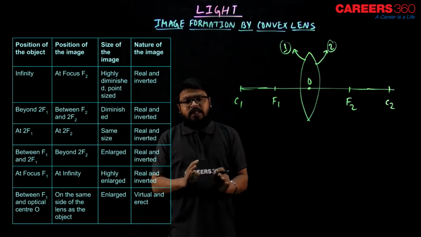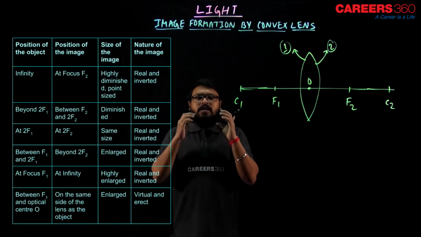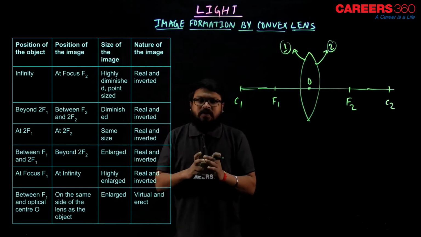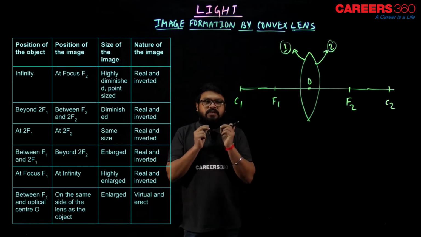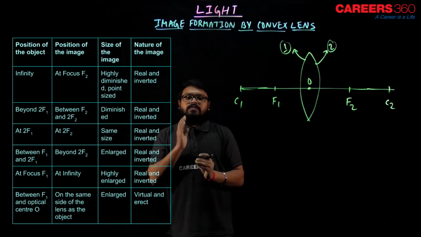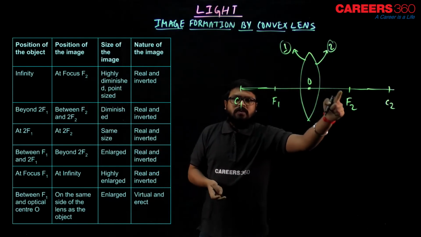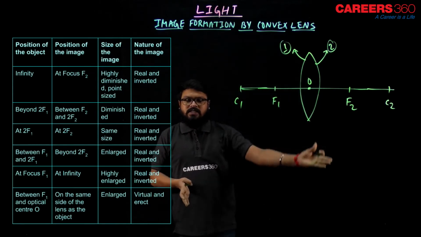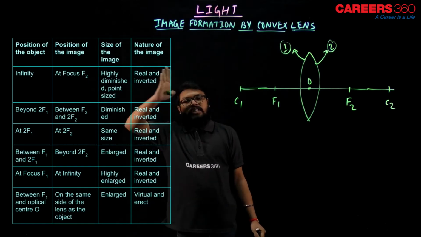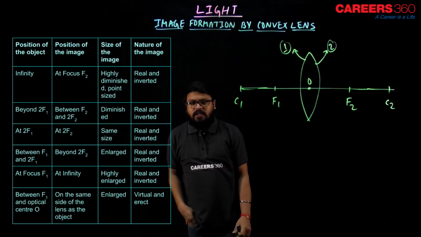Since it is point size, we are not interested in whether it is real or virtual, because it is very difficult for us to see the exact image. Just remember, if the object is at infinity, the image will be formed at focus f2 on the right hand side, and whatever images are formed on the right hand side of the lens, if the object is on the left hand side, then the nature of the image is real and inverted.